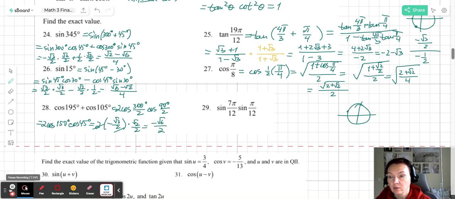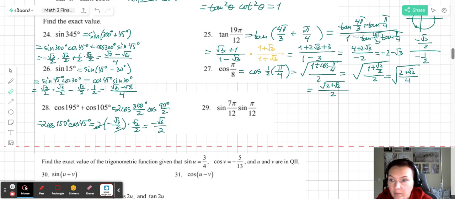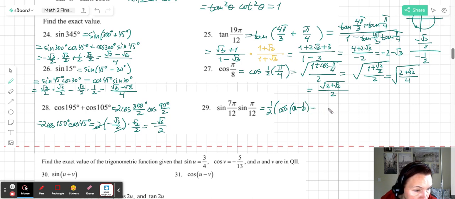For this one, also we have a formula. Let me erase this guy. So this formula is, let's see, 1/2 times cosine of a minus b, and then we will be subtracting cosine of a plus b.